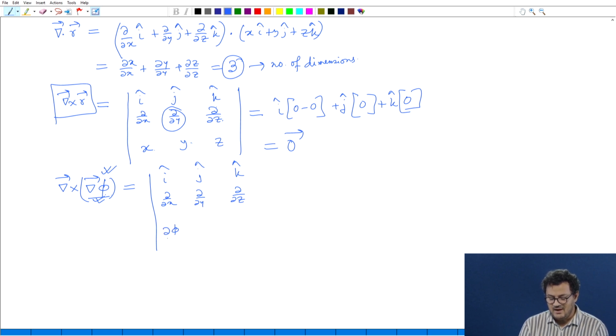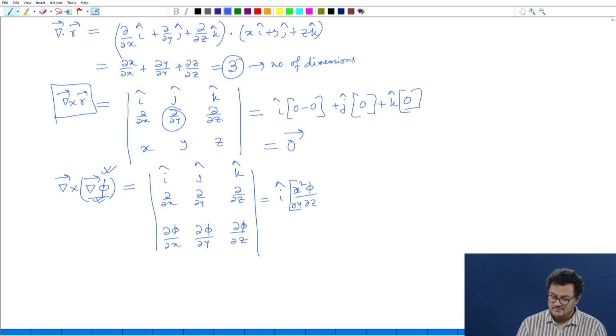That will be del phi del x, and the same for the other two components, del phi del y and del phi del z. So what will be the ith component? The ith component will be del 2 phi del y del z minus del 2 phi del z del y.